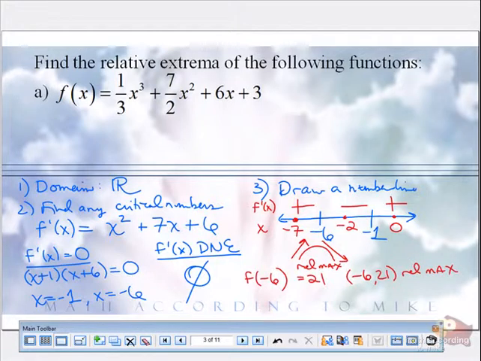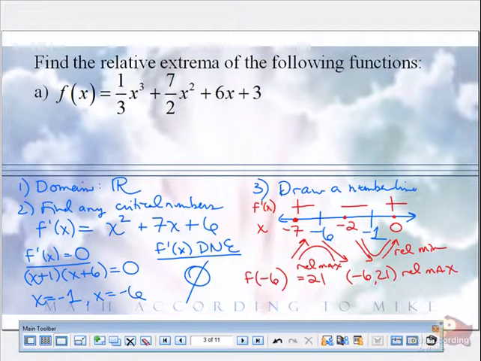And now we do the same thing around -1. To the left of -1, it decreases. To the right of -1, it increases. So we went from decrease to increase. So what happens at -1? Relative minimum. So the 2 reasons why: sign change and negative 1 is in the domain.